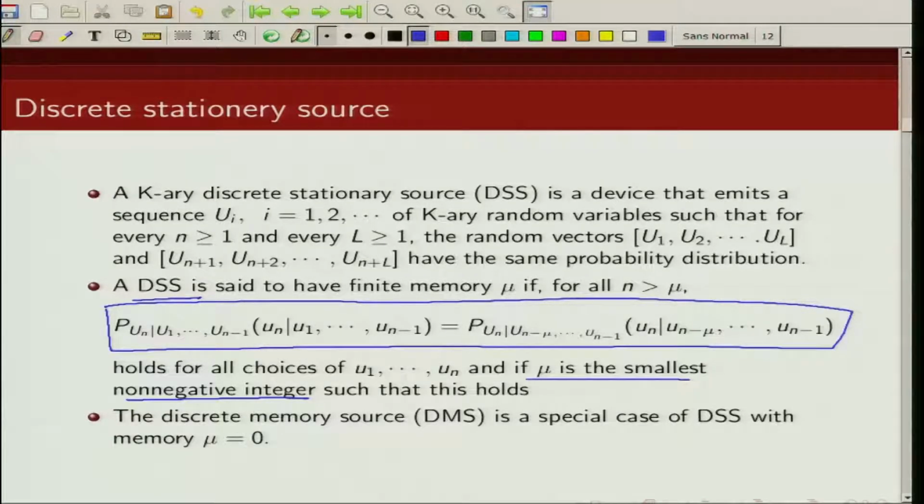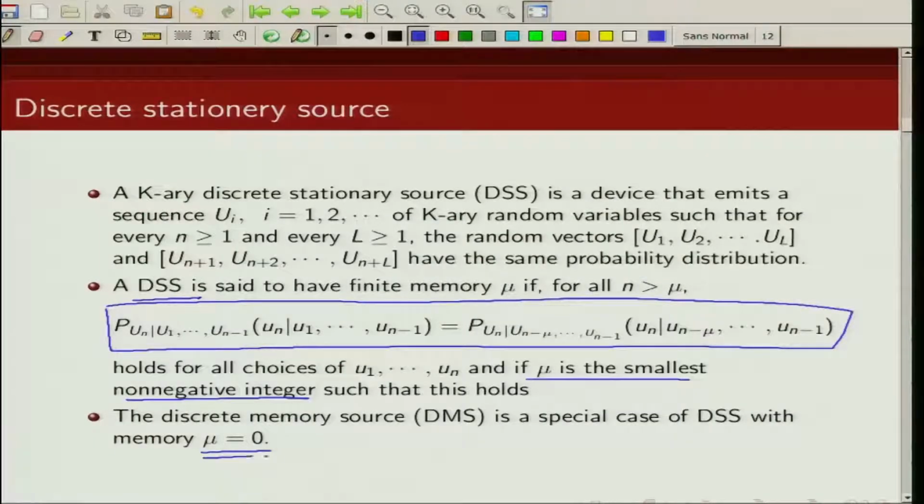As you can see, the discrete memoryless source that we have considered so far is a special case of a discrete stationary source, the case when mu is 0.